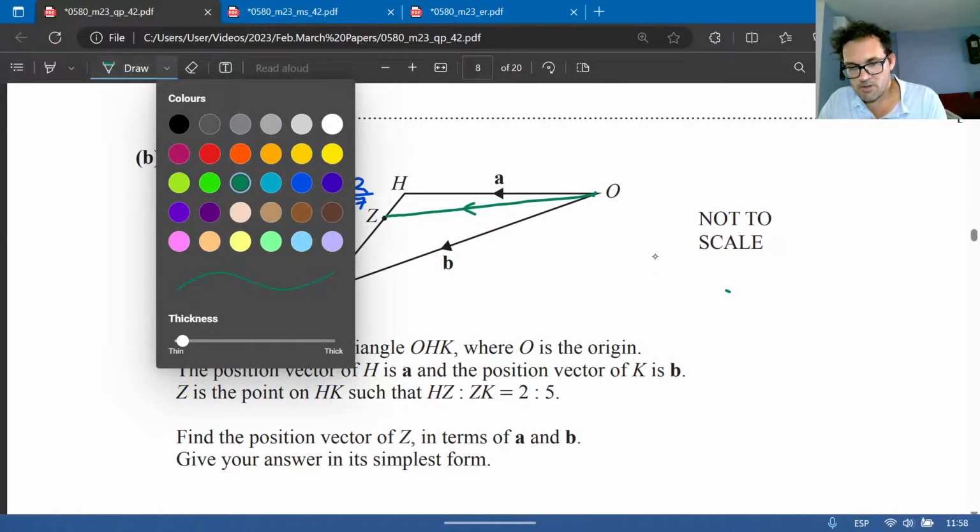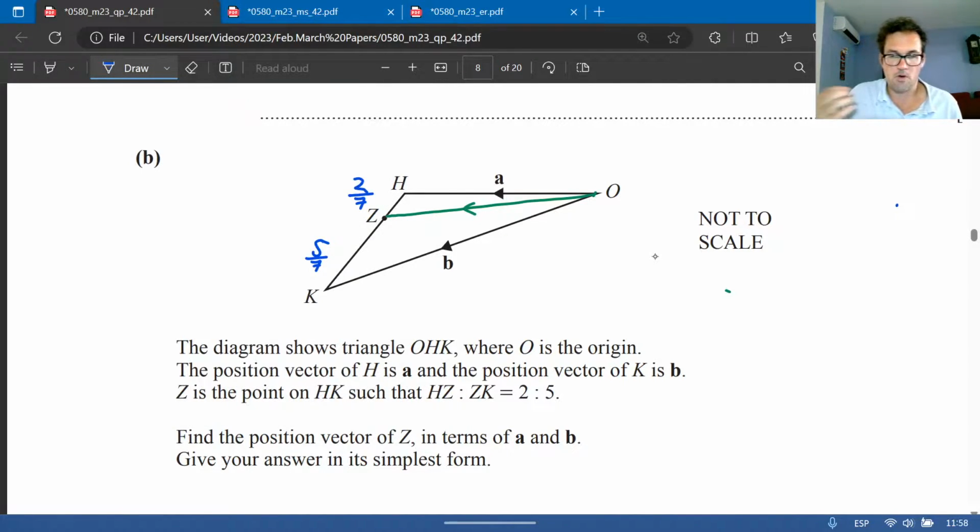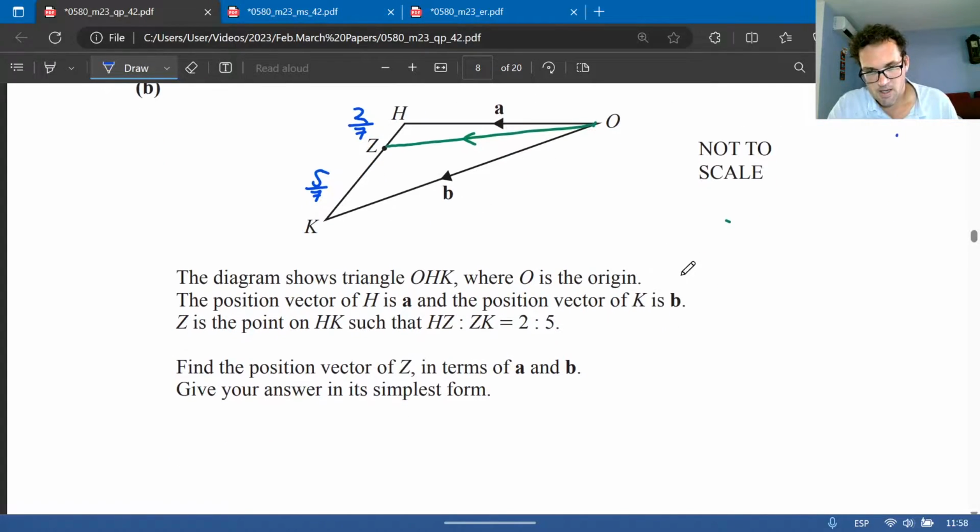Now the thing with vectors is you always need to follow the path that you know. Okay, so if we want to find the vector of HK, which we do need to find, we don't have it in terms of A and B, we're going to have to follow a route that we know. Okay, so I want to know now what is HK.